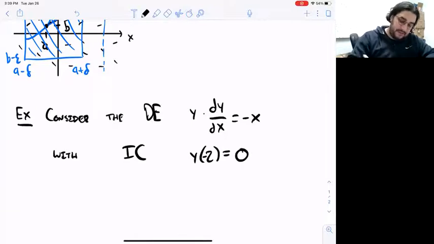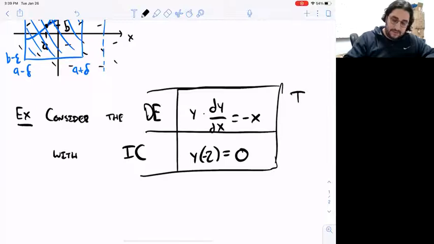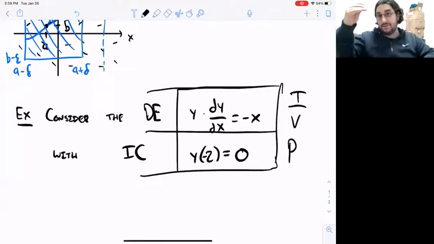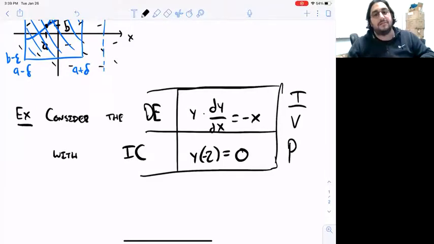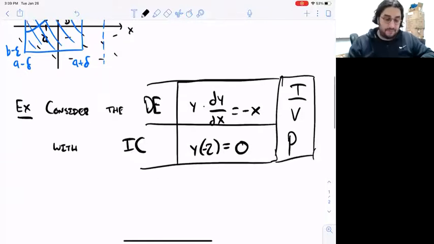So this right here is our IVP. I have a first order differential equation and an initial condition attached to it. So this is our initial value problem.